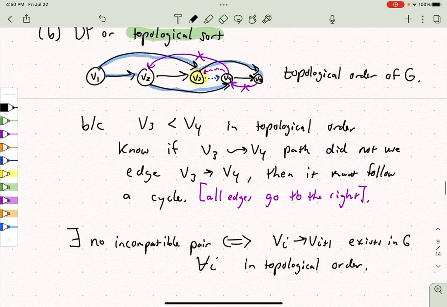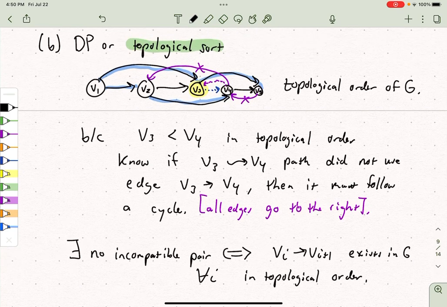It's an if and only if, because if it's not there, then we just showed V3 and V4 are incomparable.